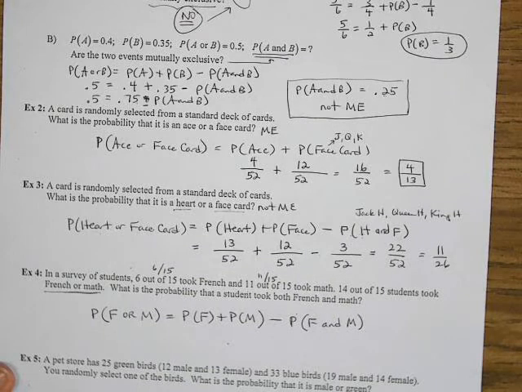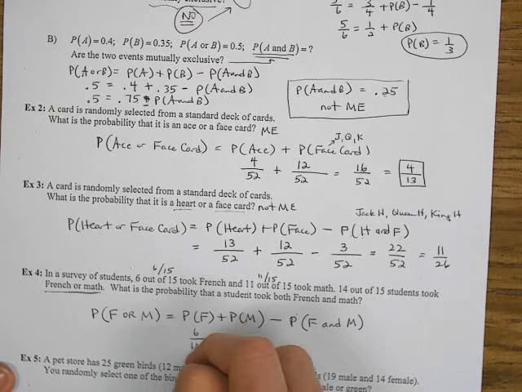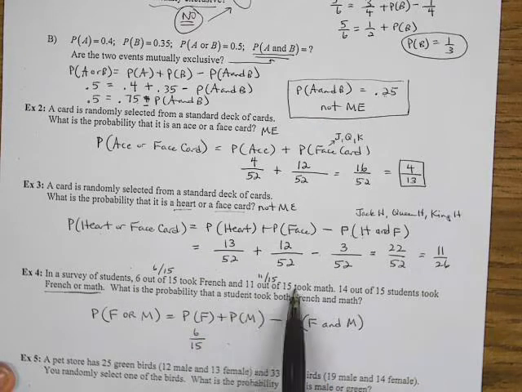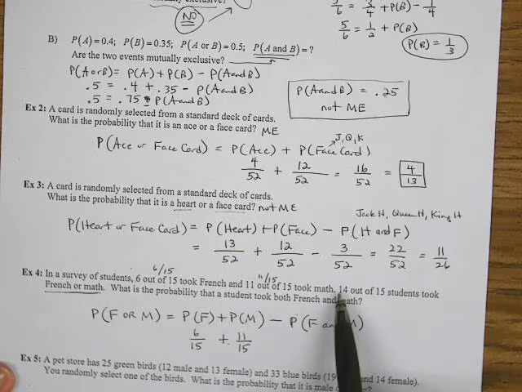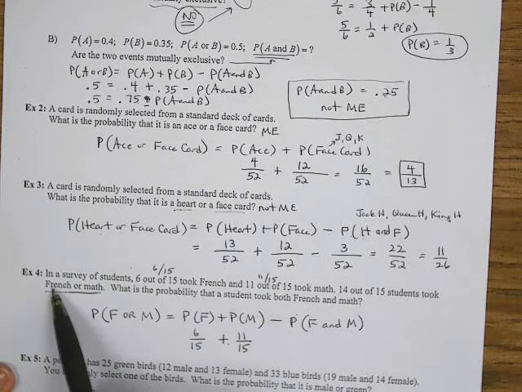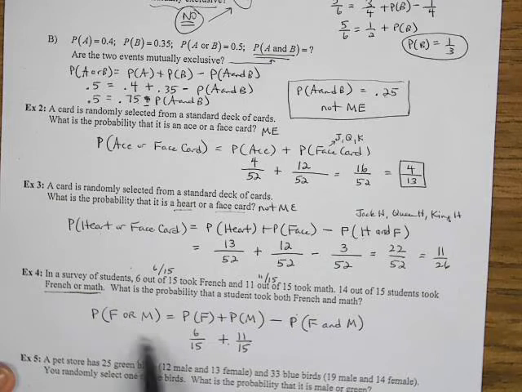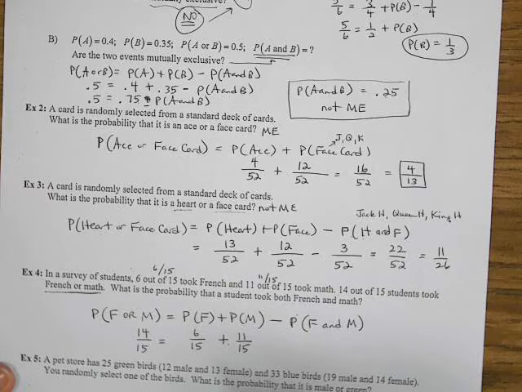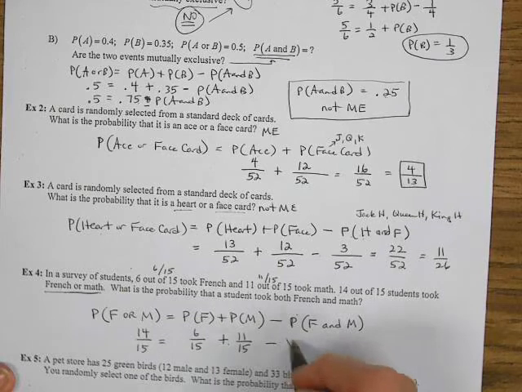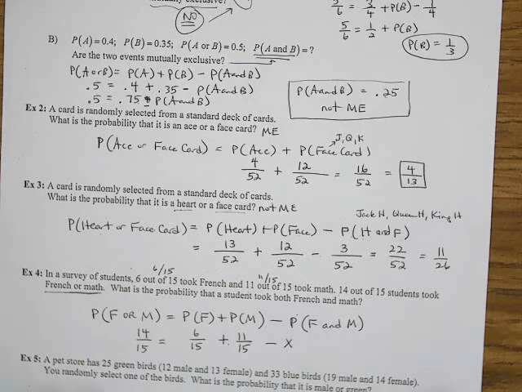So let's see what we know. 6 out of 15 took French, so let's put that in here. 11 out of 15 took math, so there's the probability of math. 14 out of 15 took French or math, so that's here on the left. That's the 14 out of 15. What is the probability that the student took both French and math? So we're looking for this overlap, so I'll call that X for the moment.